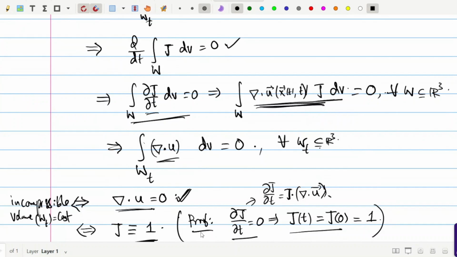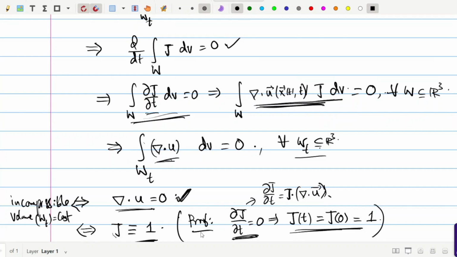You convert this back to W_t, so ∇·u is equal to 0, which is true for every W_t. Similarly, ∂J/∂t equals 0 means J of t is nothing but 1. The Jacobian is identically equal to 1. So these are all equivalent.